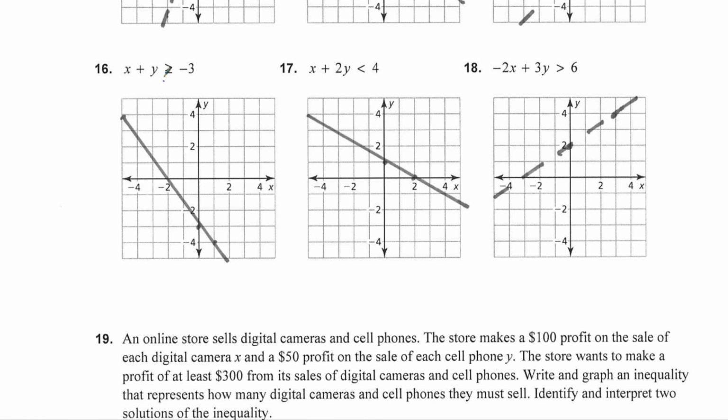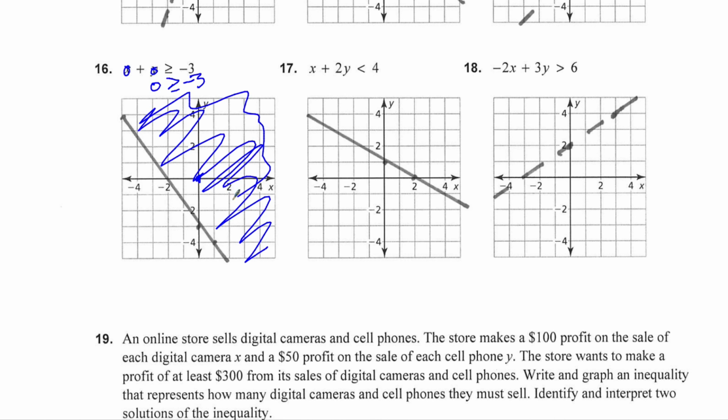And number 16. 0 plus 0 is 0. Is 0 greater than or equal to -3? Yes, which means 0, 0 has to be part of the shaded solution. Plug in a 0, 0. 0 plus 0 is 0. Is 0 less than 4?